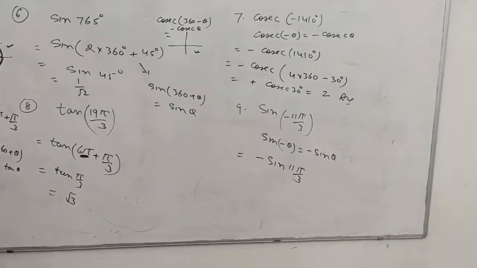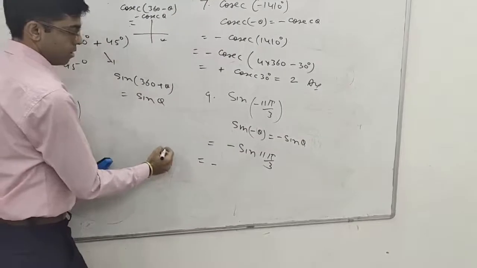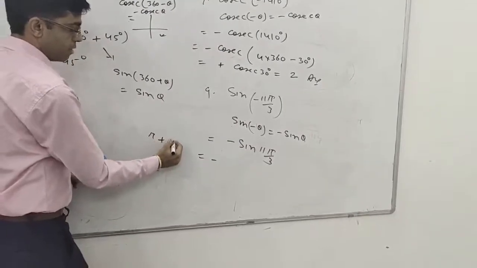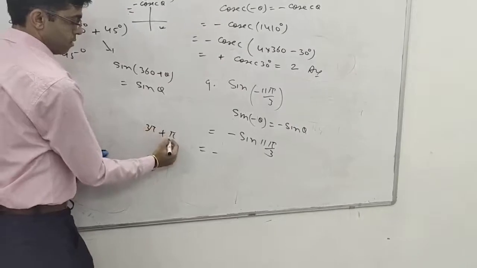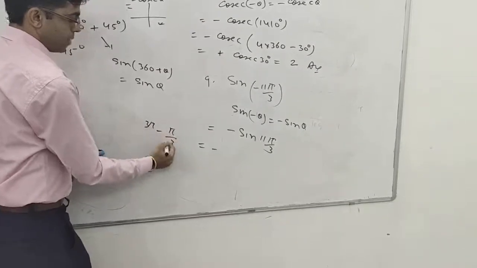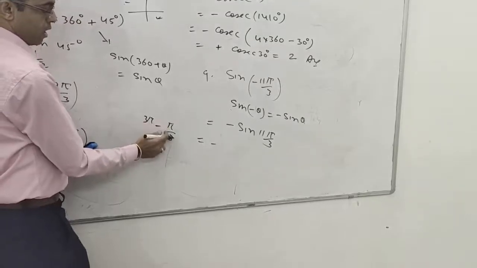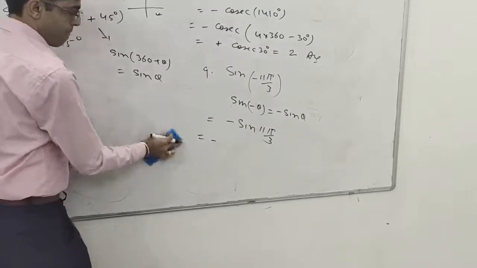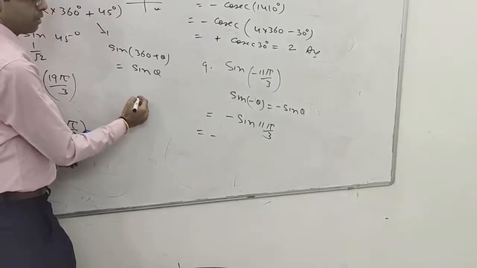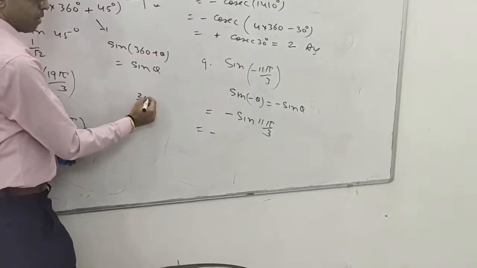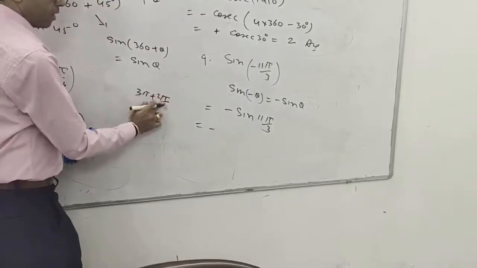So this 11 pi by 3 we have to break. 11 pi by 3 is 3 pi plus 2 pi by 3.